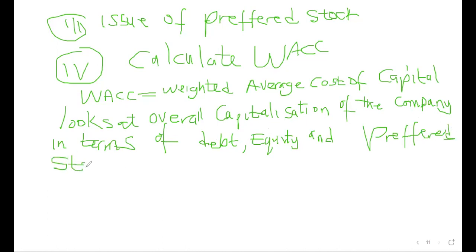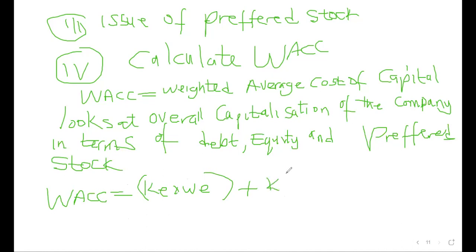Now, there are other things we need to look at first and foremost. WACC is equal to cost of equity multiplied by weight of equity, plus the other one, cost of debt times 1 minus tax, then multiplied by weight of debt.